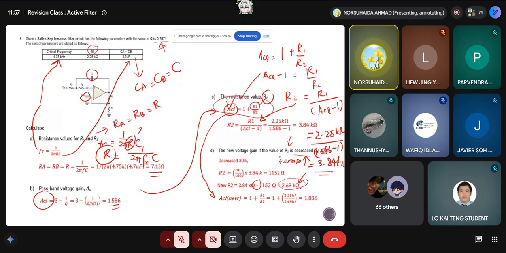So we have only the new R2, which is 2.69 kilo ohm, so that the value of the newest ACL will be 1.836. Okay, so this is the importance of the term decrease or increase. Please be reminded on that. Decrease minus will be here, increase plus will be here, right?